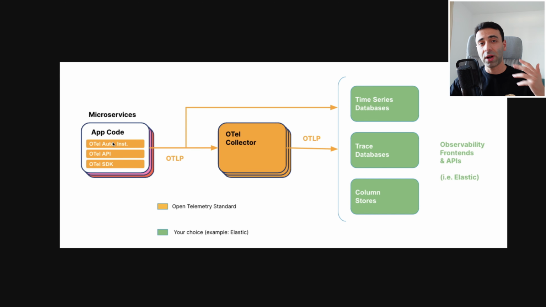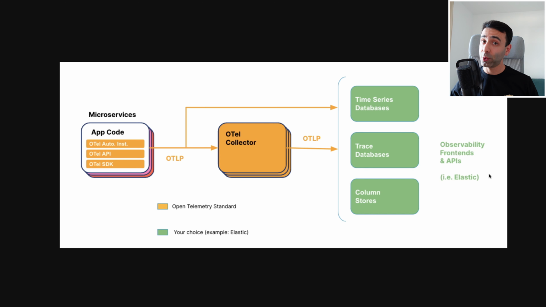So where our logs and metrics are going to go to, all right? They're going to be collected by OpenTelemetry, the OTel collector, and they're going to end up in one of these databases, either time series or trace or column stores, can be anything. Basically, we call it observability frontends and API, such as Elastic. In Elastic, you basically get a dashboard like Kibana.